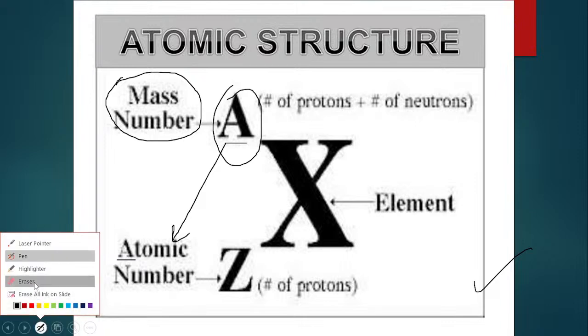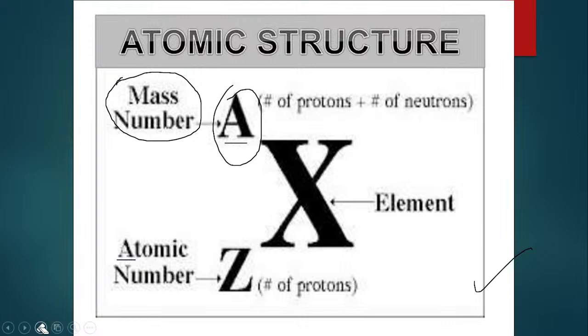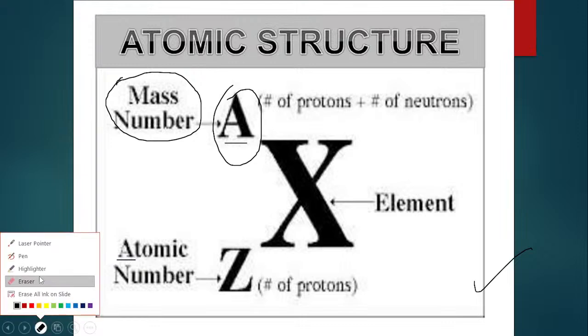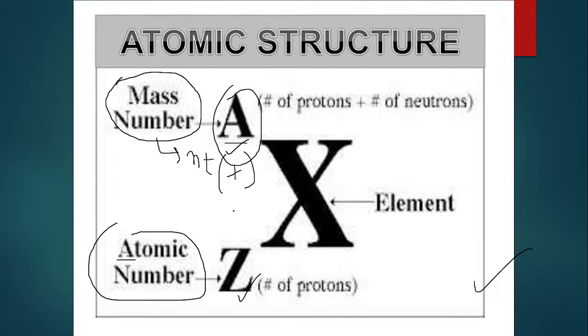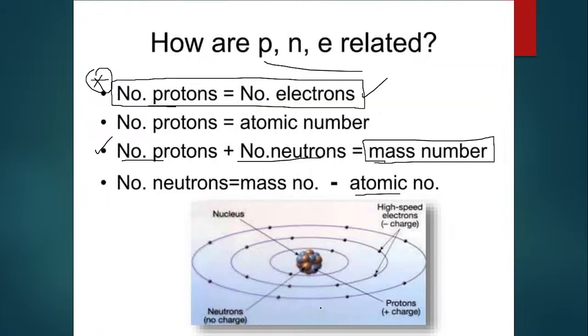Mass number is represented by A, whereas atomic number is represented by Z. Mass number is the number of neutrons plus the number of positively charged particles, that is protons, whereas atomic number is the number of protons or number of electrons. Remember, protons and electrons are not always equal.